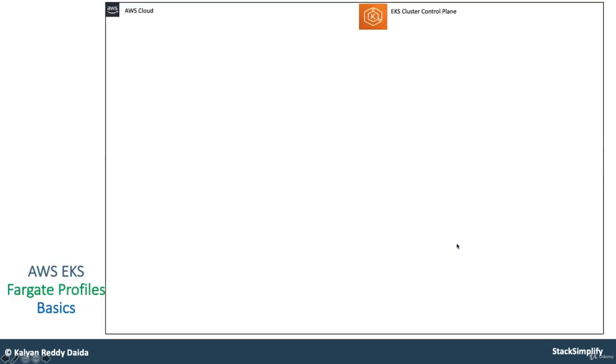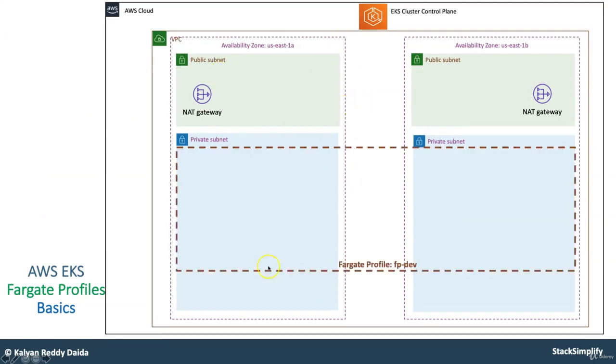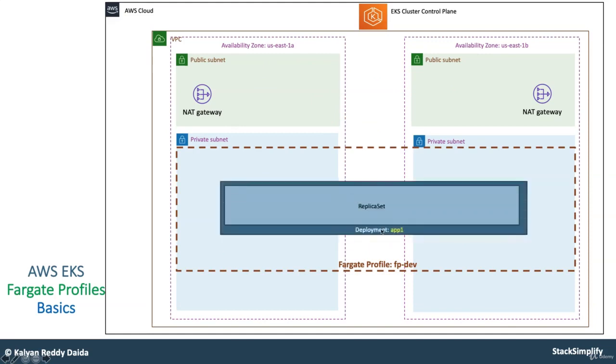Moving on, let's see what we are going to do. As part of the EKS cluster, NAT gateways, public subnets and private subnets are already created in the respective availability zones, right? Now we are going to create a Fargate profile fpdev with the namespace also fpdev, and then deploy an application named app1 nginx.